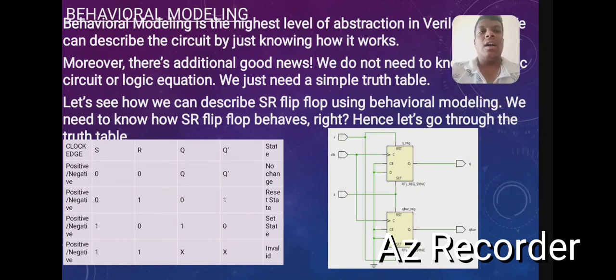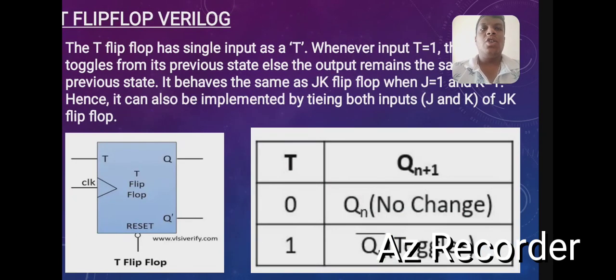So when it comes to the SR flip-flop, we can see the truth table. 0 0 is no change, it will stay in the previous state. 0 1 will be the reset state, 1 0 will be the set state, and 1 1 will be an invalid state. So it will be a proper SR flip-flop. We have to know the truth table and the basic logic diagram of it to write the behavioral modeling. Now the T flip-flop.